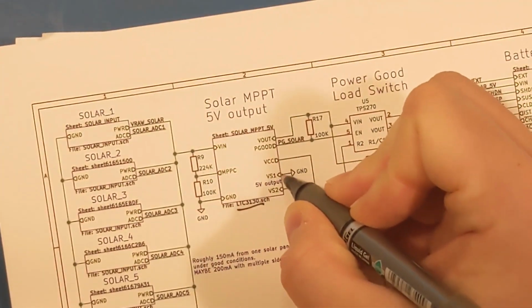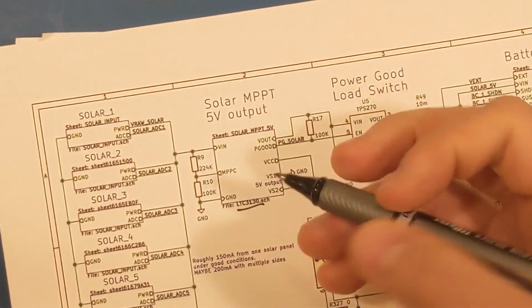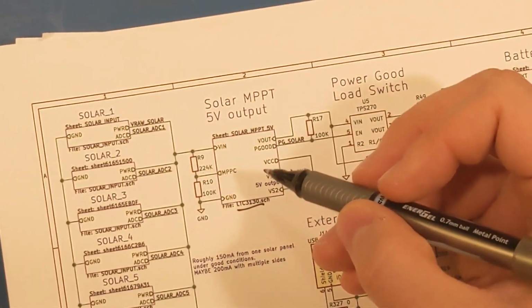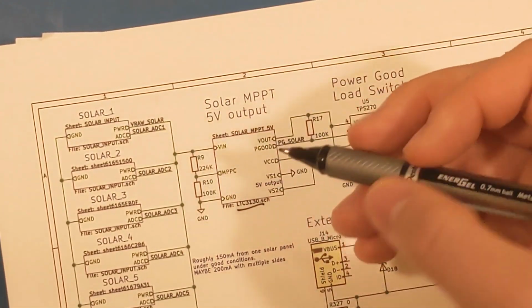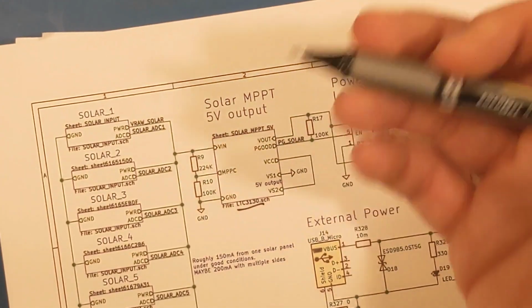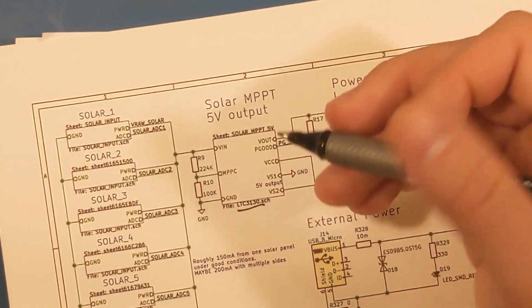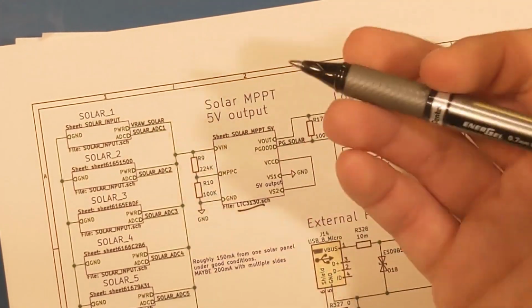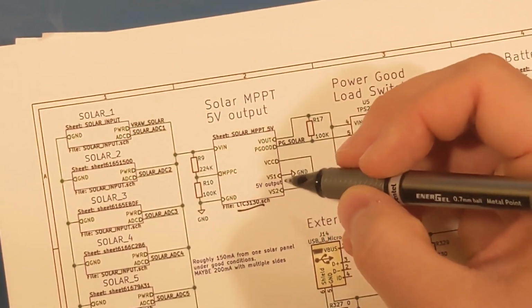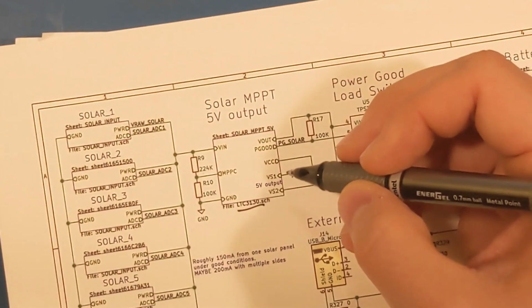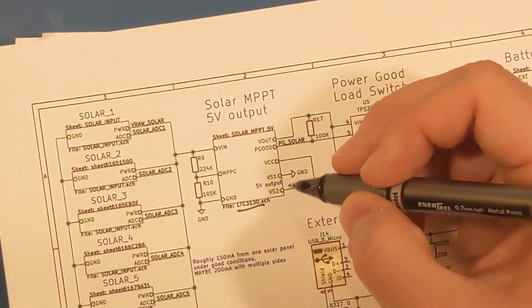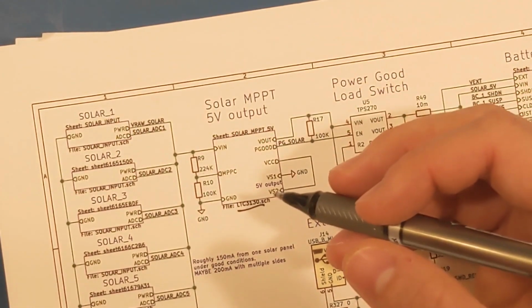Based on how you hook these up to either ground or VCC, it'll change the setting inside the chip if it wants to output 5 volts or 3.3 volts. Often chips do this with just a resistor divider, but the LTC3130 specifically has these pull high, pull low option setting GPIOs to set the output voltage.